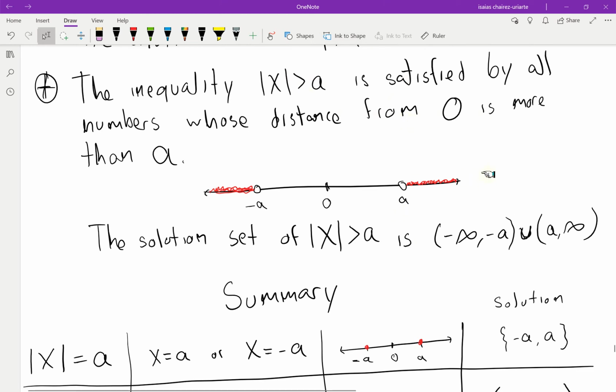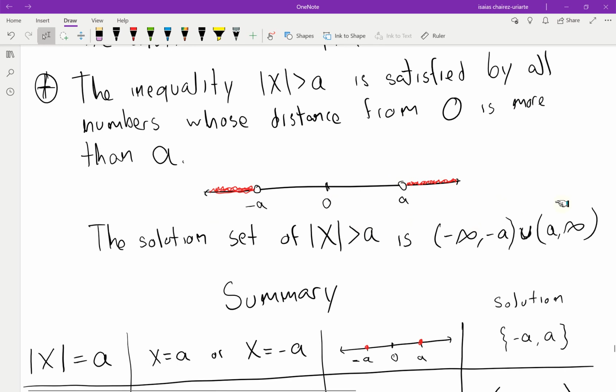This picture here kind of shows the solutions. Things that are a distance more than A. So if A is right here, they are things that are further to the right, or further to the left from negative A. So the solution set for this inequality is this union of intervals, negative infinity to negative A, union A to infinity.